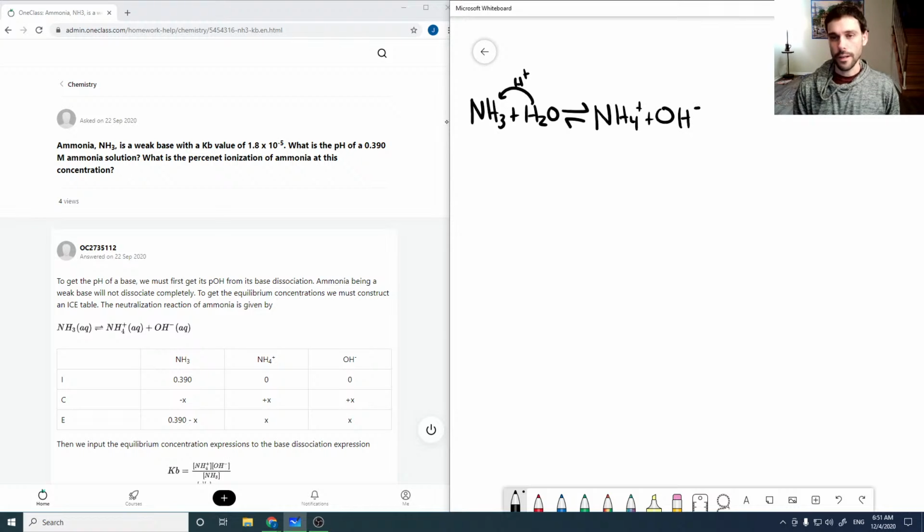Moving a hydrogen that way. There we go.